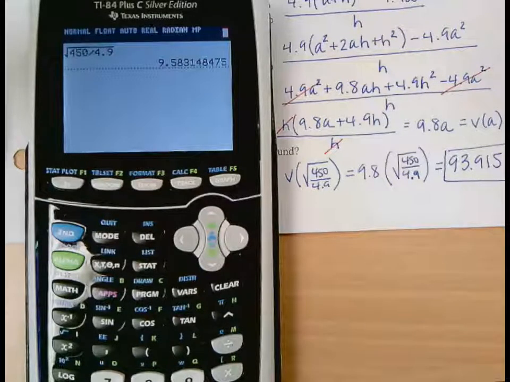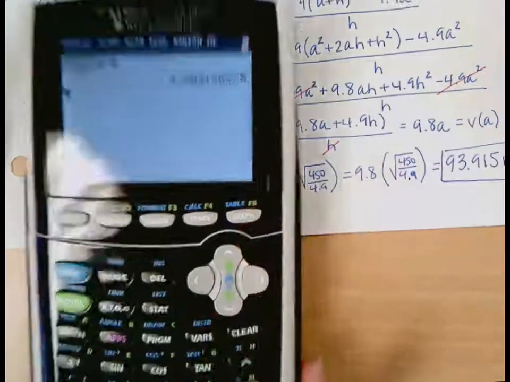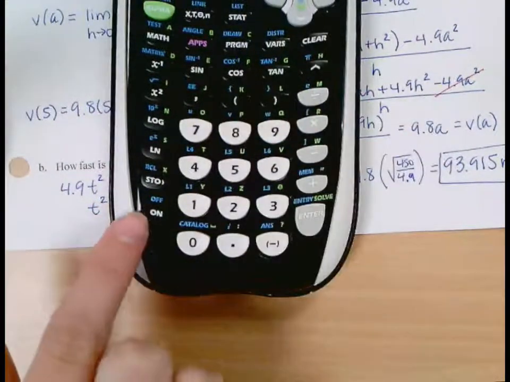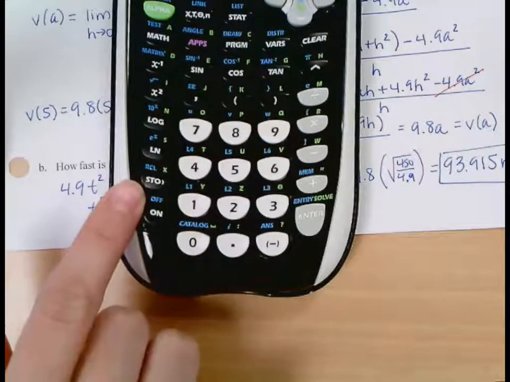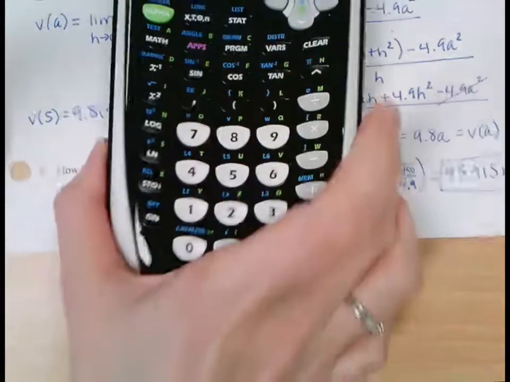Just do second quit. Yeah, do second mode to quit. Okay, and then you leave that there. Right above your on key, you have a key that says STO with an arrow. That's store. So you hit that key.